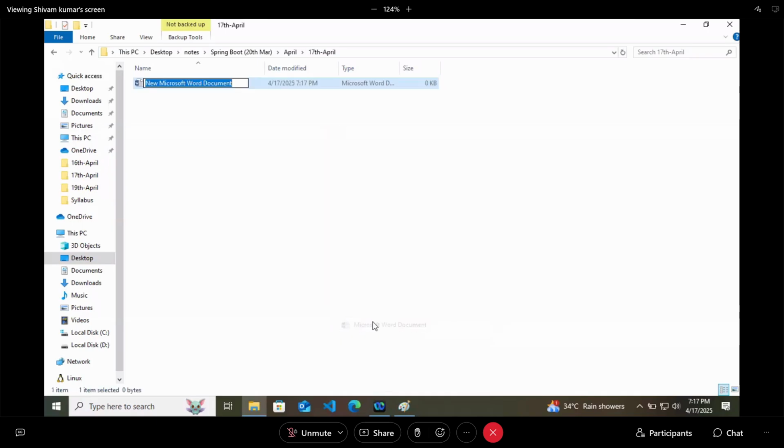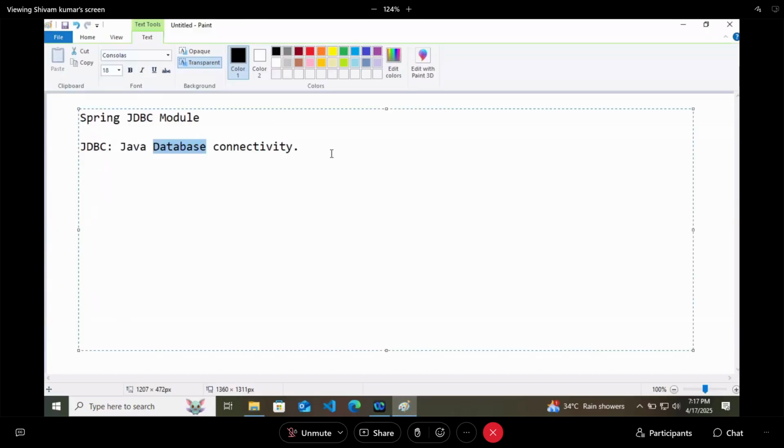Before starting Spring's JDBC module, you have to understand the entire working. So if I am asking what is database, you can give a one-line answer: where data is stored.